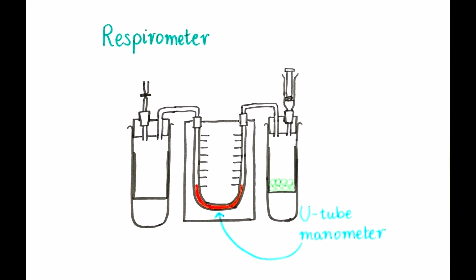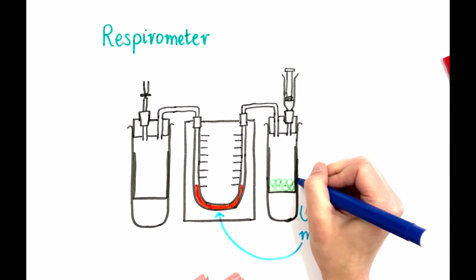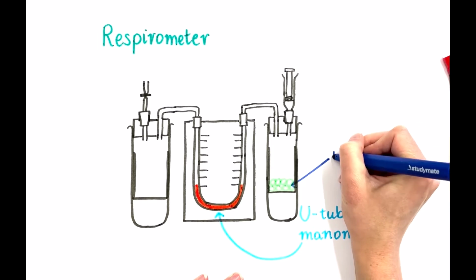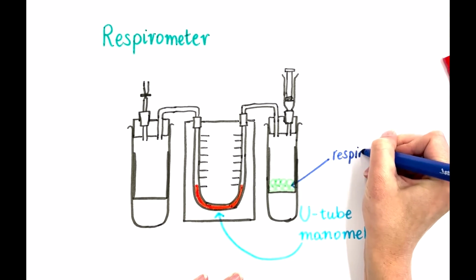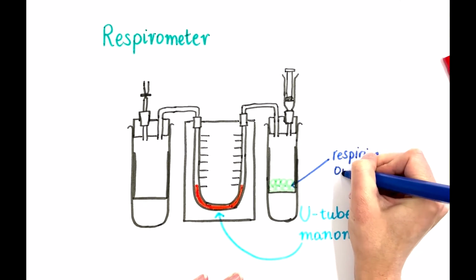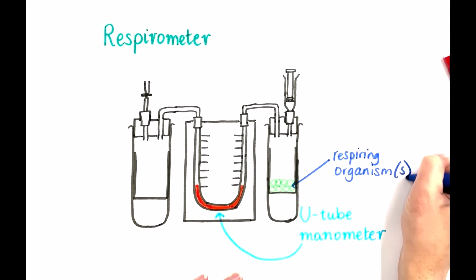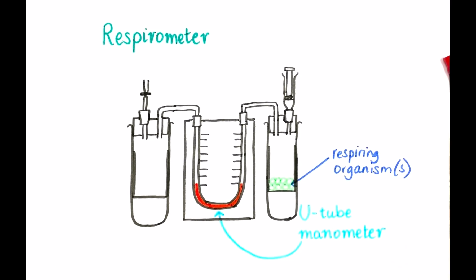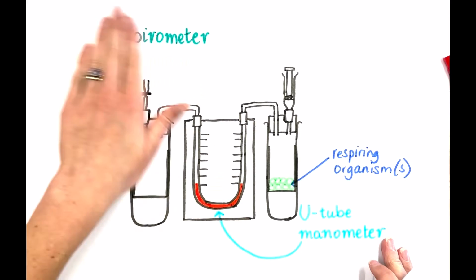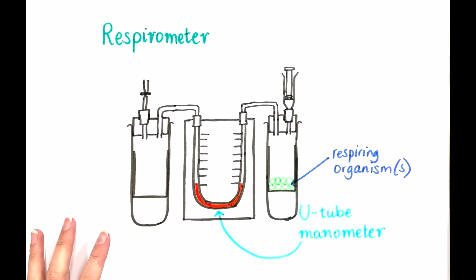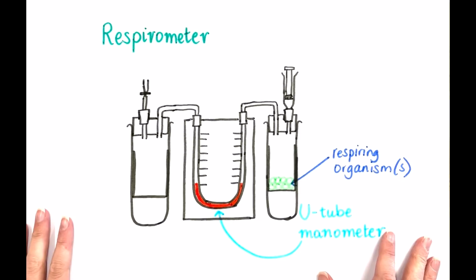So this might be our mung beans or whatever it is, our respiring organism or organisms. Things like seeds are good because they're pretty small, so you can get fairly consistent quantities of them by weighing them out, because that's going to be a controlled variable.